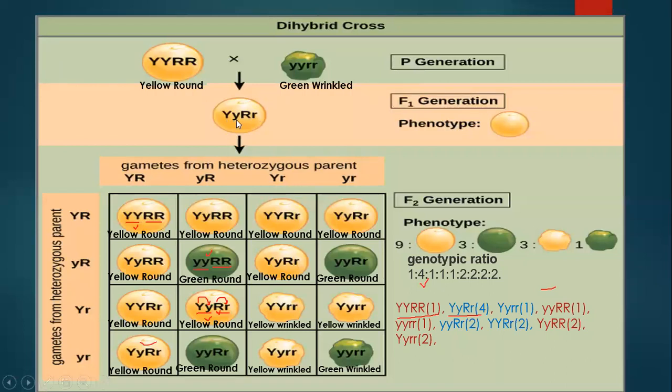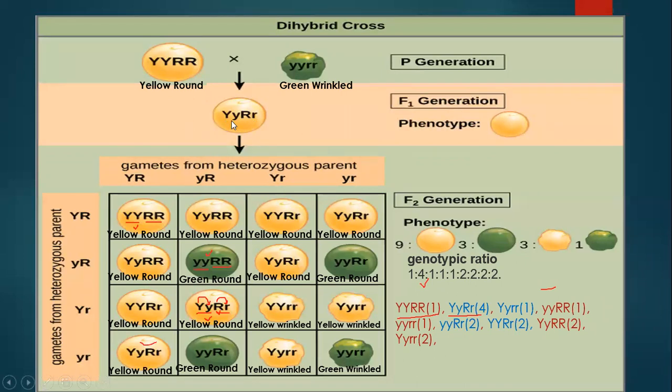What two traits are combined in a hybrid? These two traits are combined in a hybrid, that is capital Y and small y. This is one trait. This is the second trait. When they are combining in a hybrid, this is hybrid, this is also hybrid. They are not homozygous, they are heterozygous, and heterozygous is also called hybrid.